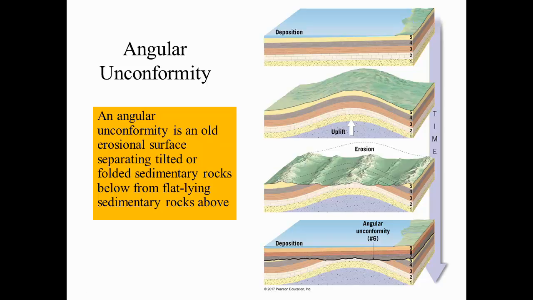Following the formation of the erosional surface, the seas return and deposit additional horizontally layered sediments on top of the old erosional surface. That old erosional surface is therefore an angular unconformity. And notice that it separates sedimentary rocks above from sedimentary rocks below, where the layering tends to occur at different angles, both above and below the unconformity.